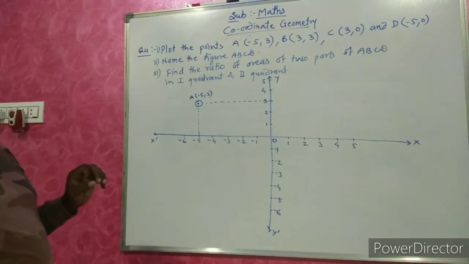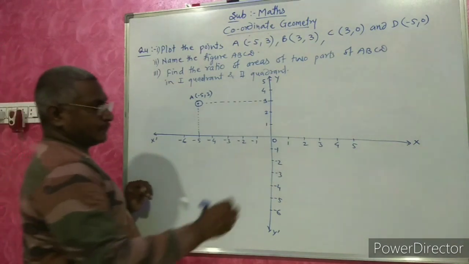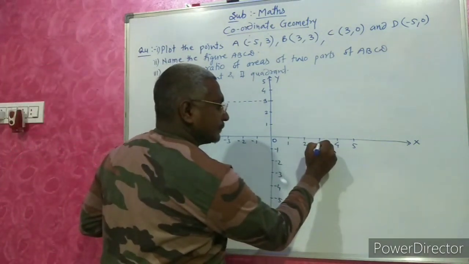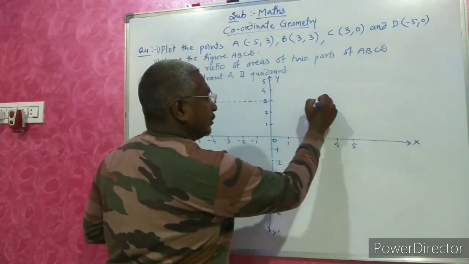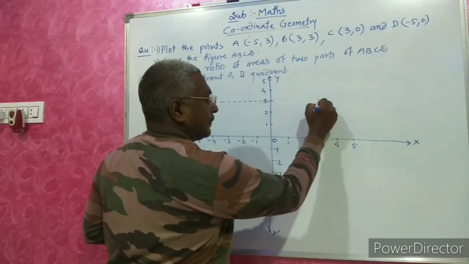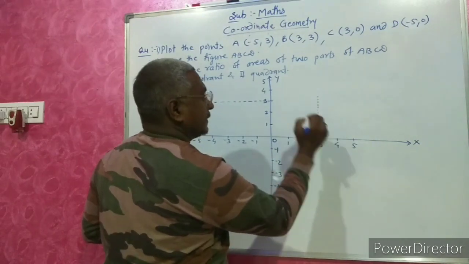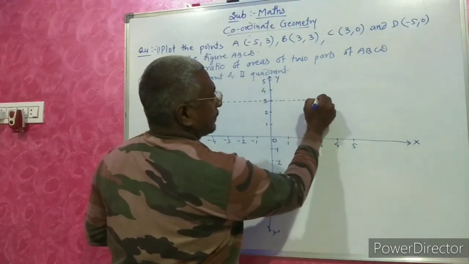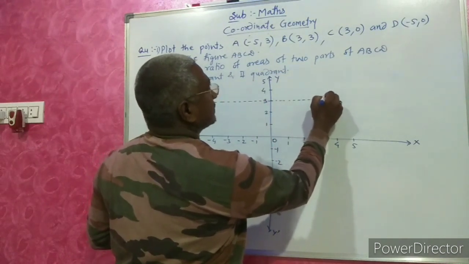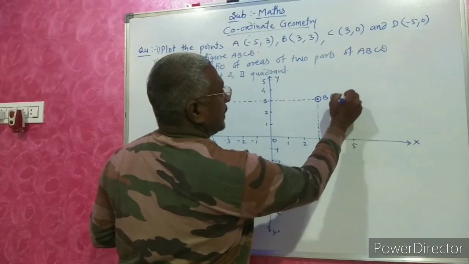Now the second point, (3, 3). At 3 we will draw the perpendicular. So this is B (3, 3).